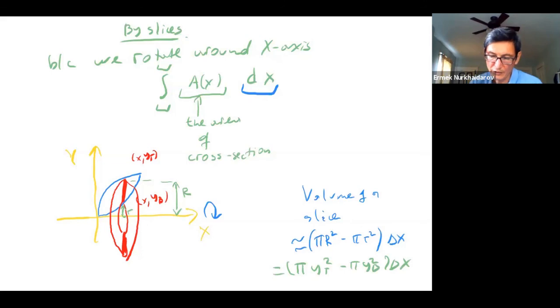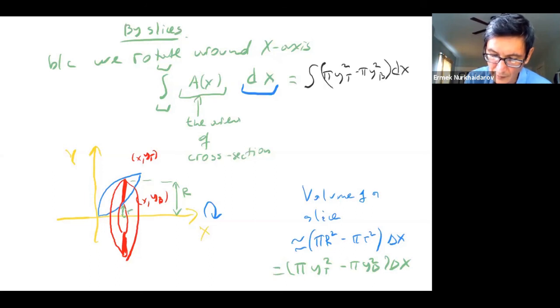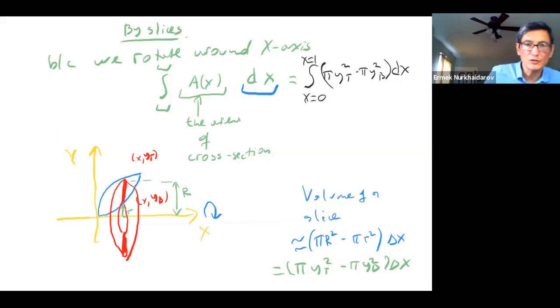And as soon as we know that information, we try to write down our integral here. Integral pi y top squared minus pi y bottom squared dx, x changing from 0 to 1. We already discussed why x is changing from 0 to 1. All that is left now is to figure out what is y top and y bottom. So y top comes from this curve.